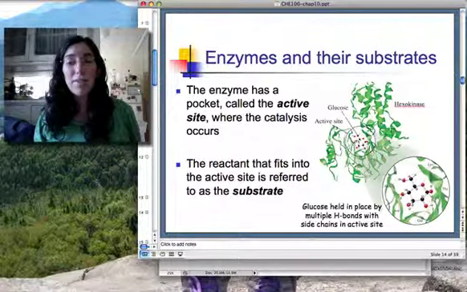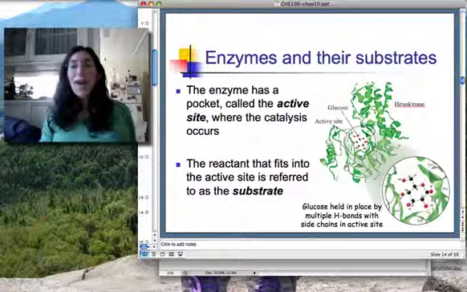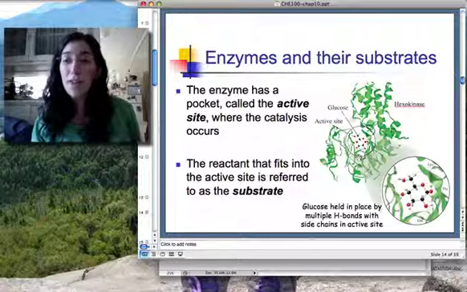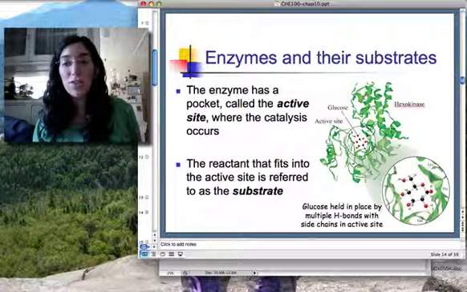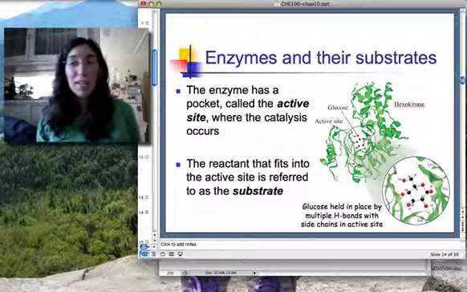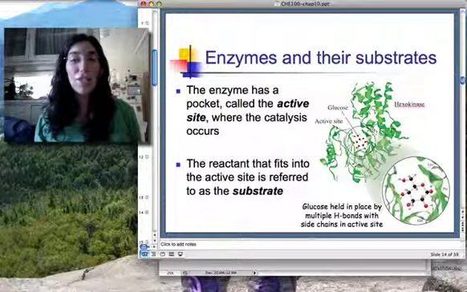That's where the substrate binds and where the catalysis actually occurs. So here's a structural model of hexokinase, the three-dimensional structure, this green thing. You can see there's a little pocket here, which is the active site, and glucose is bound. It fits very snugly in this little pocket. The pocket is perfectly shaped to hold on to glucose.